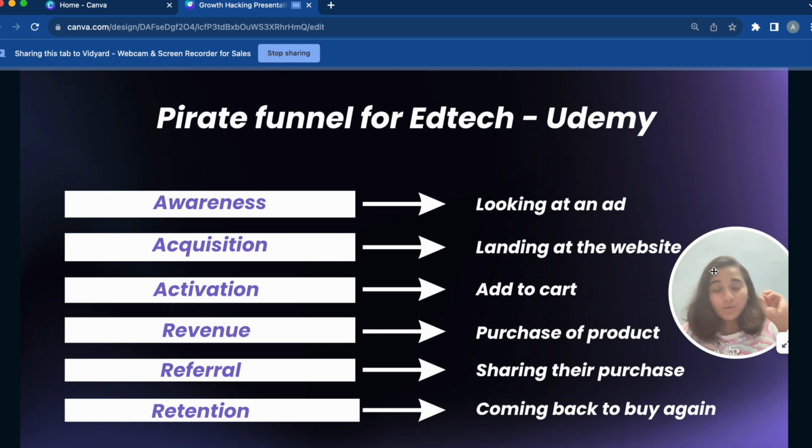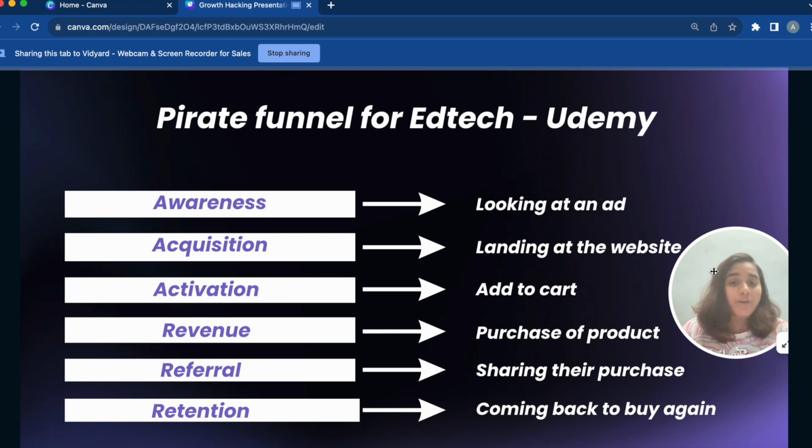So when you look at the funnel here, awareness and acquisition is basically the responsibility of a marketer. But after acquiring a customer, a marketer's job is not to make sure that they activate, and drive revenue, referral and retention. A growth hacker works the full funnel, from awareness to retention. So that's the reason a growth hacker is not always a marketer.